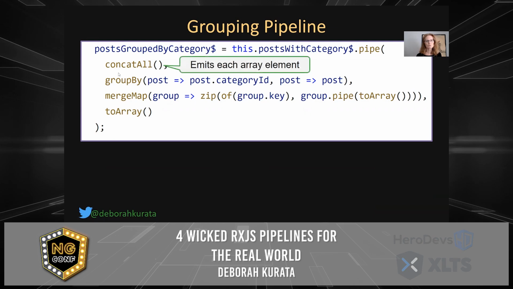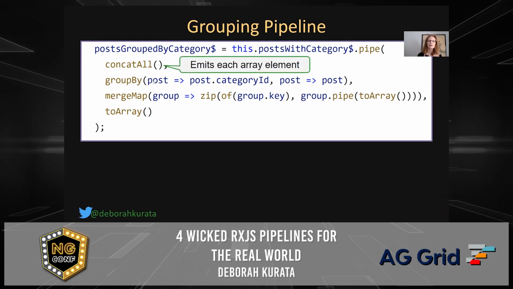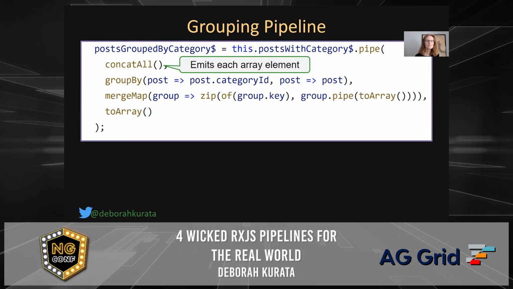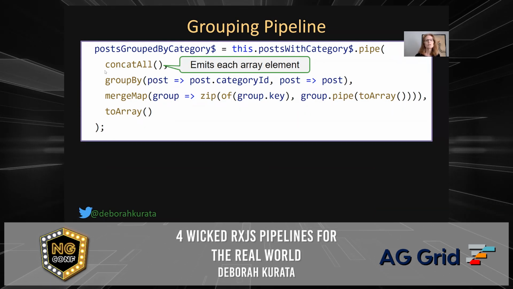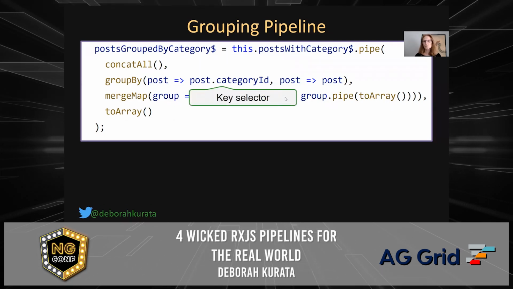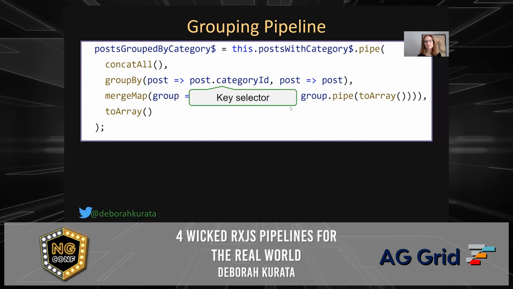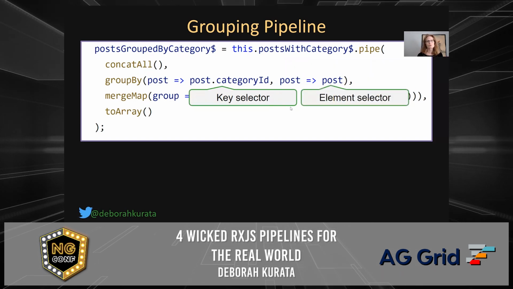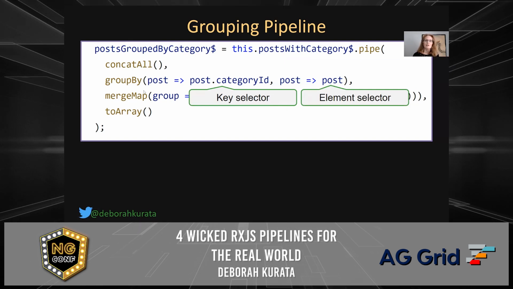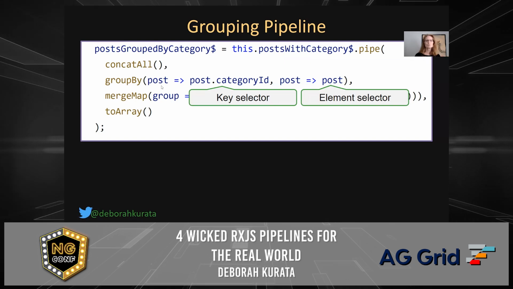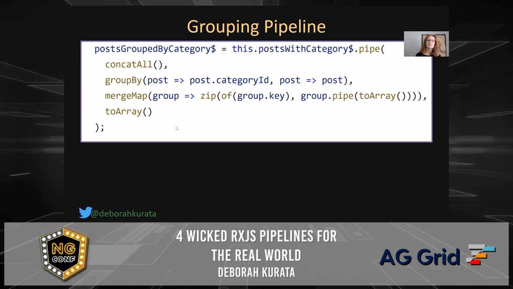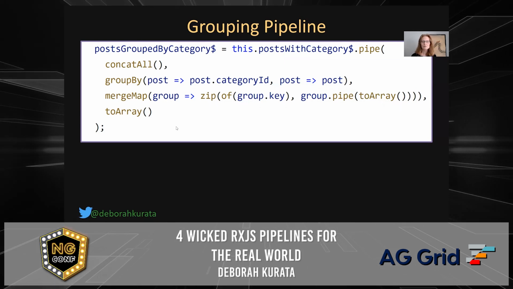So the first thing that we're doing is a concat all, which is going to cause each array element, each of our posts, to be emitted. So our group by gets each post from the concat all. Then the group by takes a key selector, what we want to group by, which is our category ID, and then an element selector, which is what we actually want to be grouping, and that is our post. The group by then gives us a groupable observable. And so the merge map turns that into a tuple.